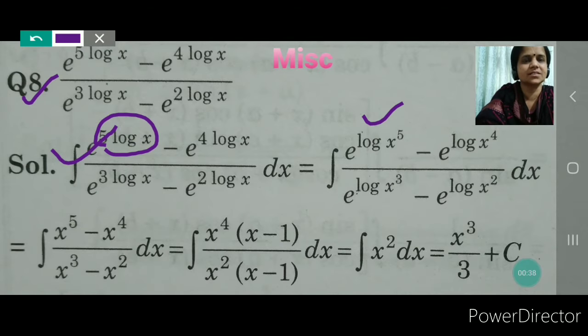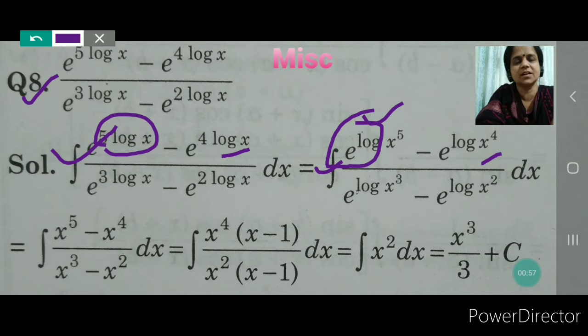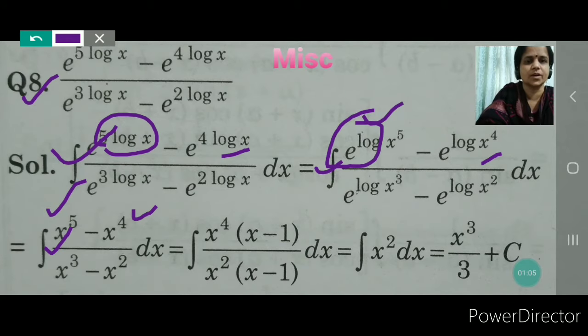Same for the next term, it is e raised to log x raised to 4. In the denominator, it is e raised log x cube minus e raised log x square. Now see, here it is e and log, so it will be cancelled and we will get only x raised 5 minus x raised to 4 by x raised to 3 minus x square dx.